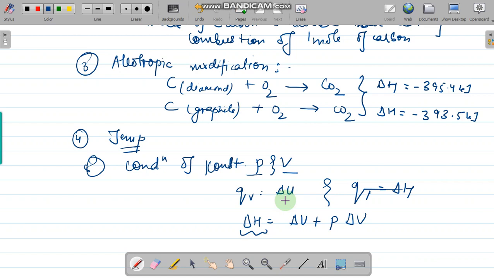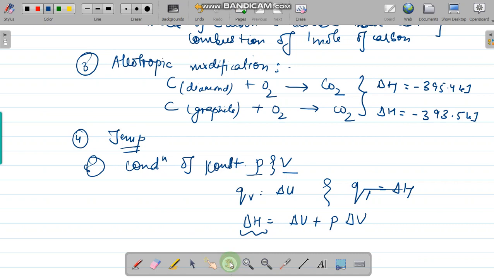According to thermodynamics, a substance is said to be in standard state when it is present in its most stable state under a pressure of 1 bar at a specified temperature. So standard enthalpy is what? It is the enthalpy change for a reaction when all participating substances are present in their standard states.